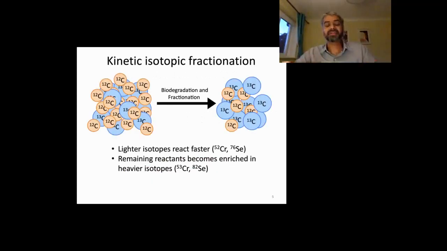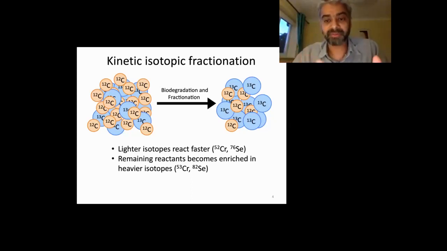So Catherine already introduced basics of kinetic isotopic fractionation, and I'm not going to go into details of that. Here I have an example. If you're looking at biodegradation of something with light isotopes, carbon-12, and heavy isotopes, carbon-13, light isotopes react at a faster rate during this reaction.